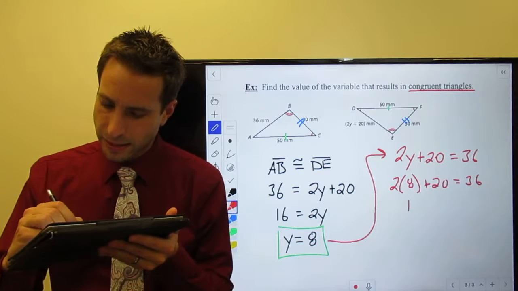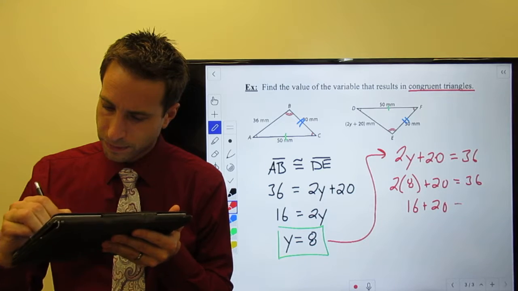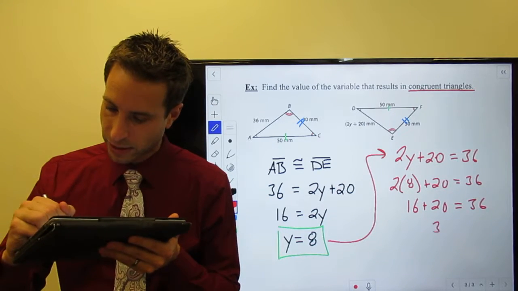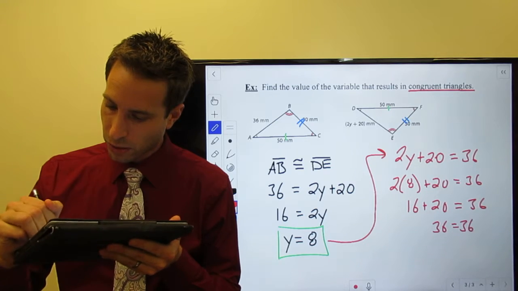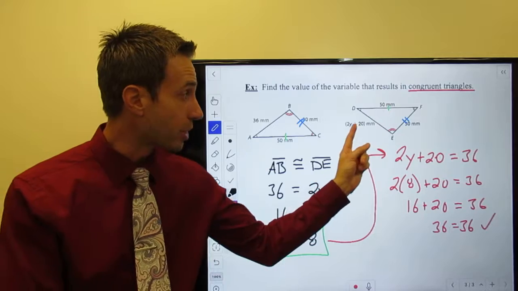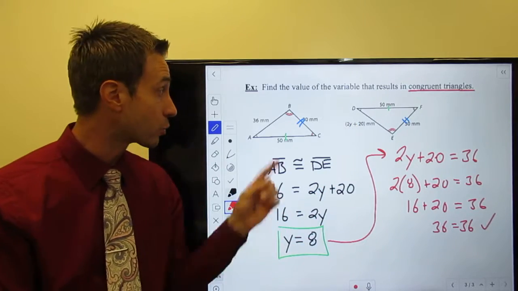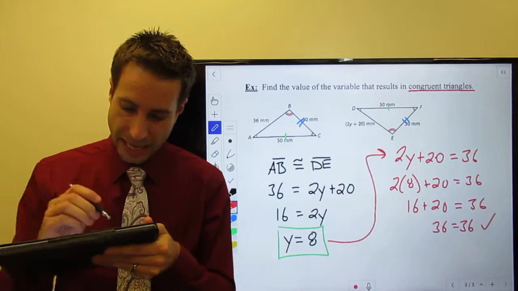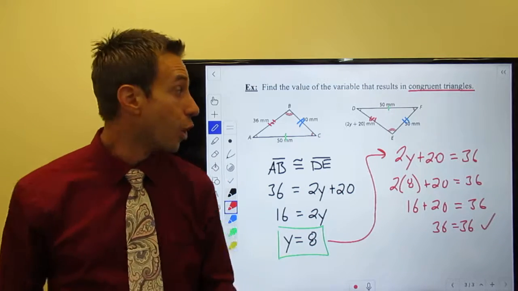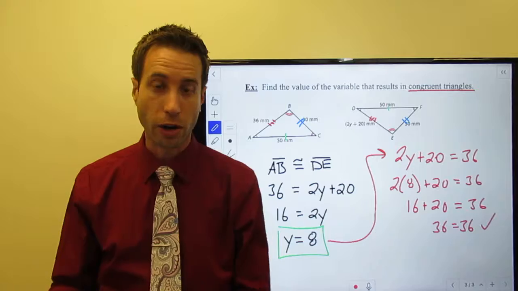Well, 2 times 8 is 16. And indeed, 16 plus 20 is 36. So our answer, y equals 8, checks out. When I put it in there, I do indeed get 36, which is exactly what I need it to be. And one, two, three. Those two sides are congruent.